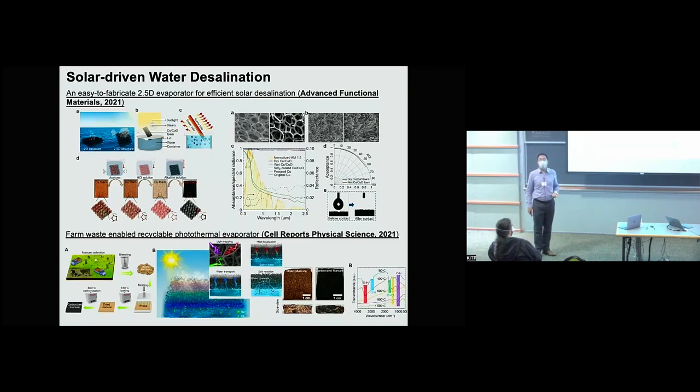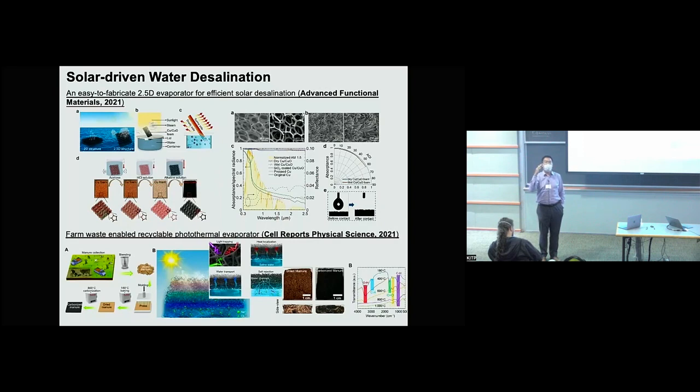What is 2.5D? We defined this 2.5D because we simply use a 2D structure. As you can see here, our interfacial evaporator is still a thin-film porous structure. It's a 2D structure. But we leave this material at a tilt angle, and insert one end of this porous material into the water.